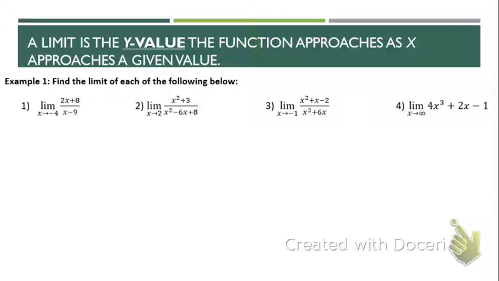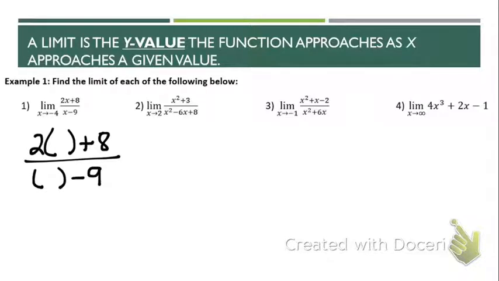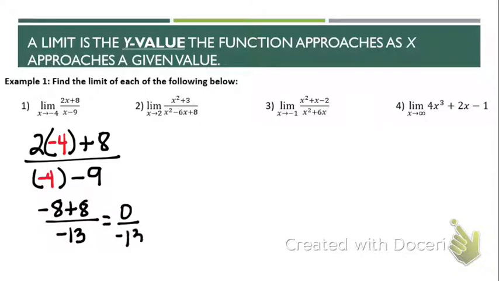So we have 2 plus 8 over, and now inside we're going to put our -4. When we do that, we get -8 plus 8 over -13, which is 0 divided by -13.